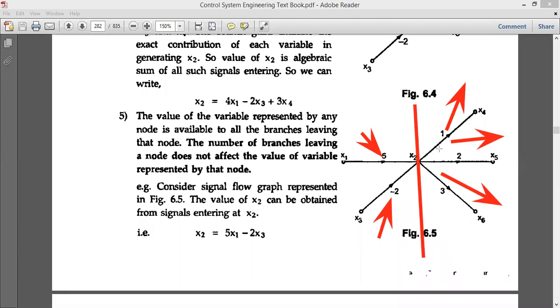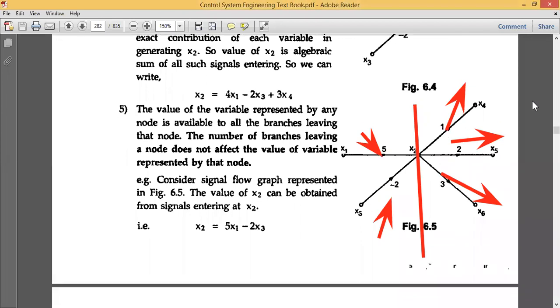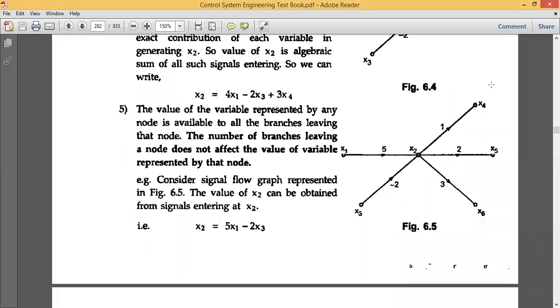So the leaving branches have no concern with the entering ones. This is another property of signal flow graph, which says the branches leaving a node do not affect the node's value. So this is property number 5.